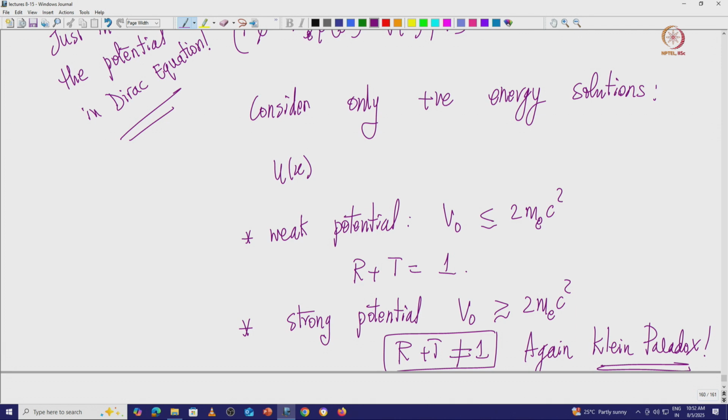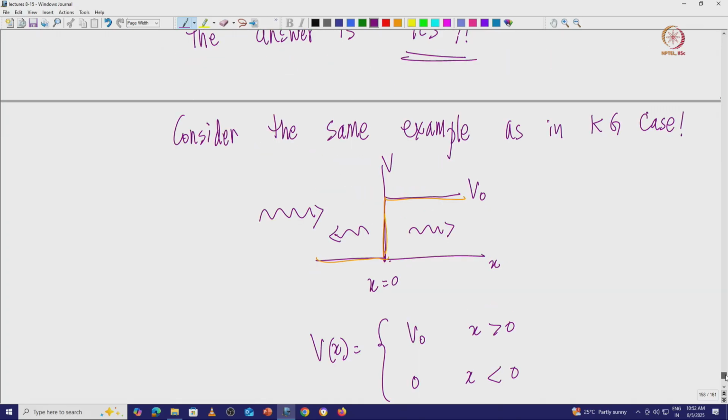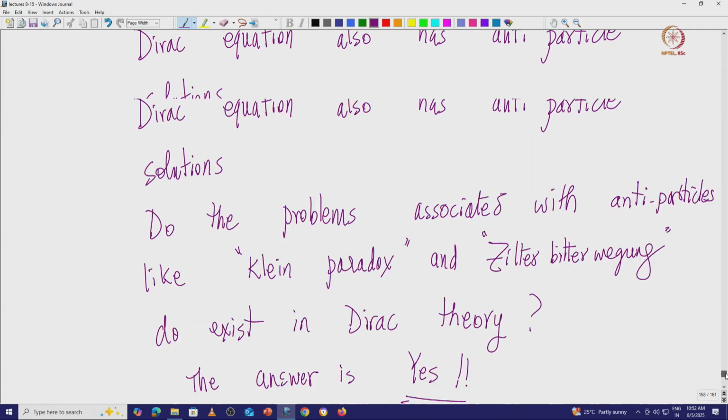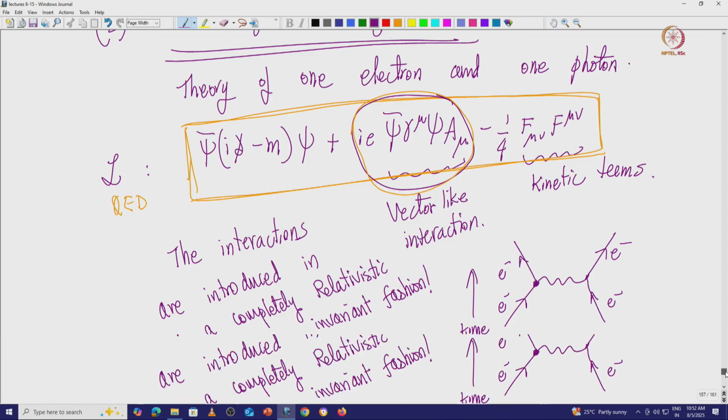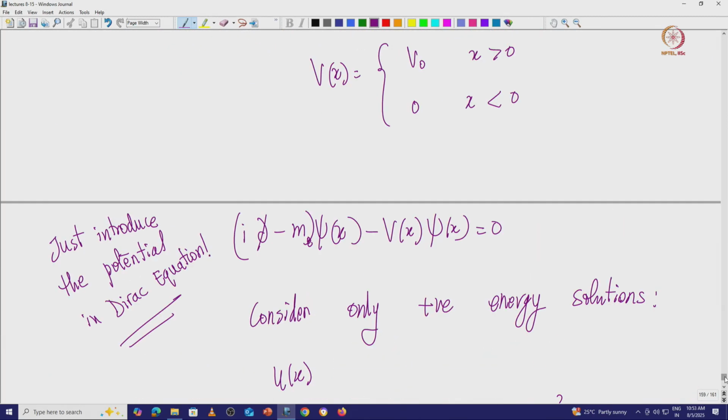So you cannot escape the problems created by negative energy solutions in this case. The reason is that when you are dealing with the Dirac equation, the wave function always comes together with both positive and negative energy solutions.